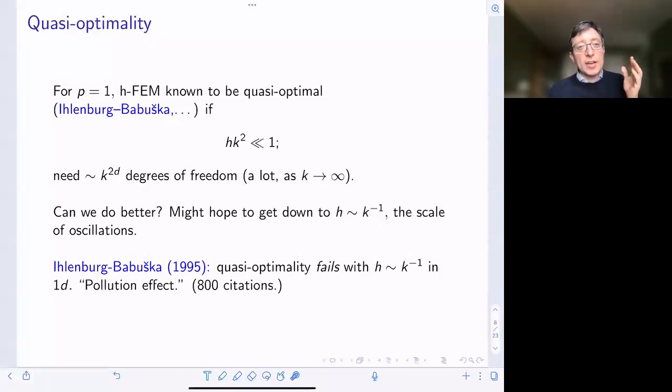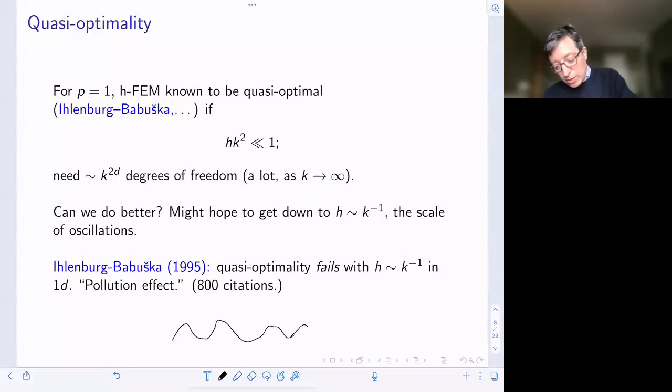And I'll just say that heuristically, you might think you should be able to do much better. Why is that? Well, what's the prototypical solution to the Helmholtz equation? It's a plane wave oscillating with frequency k, which I've just drawn very poorly. That oscillates on a length scale of 1 over k.